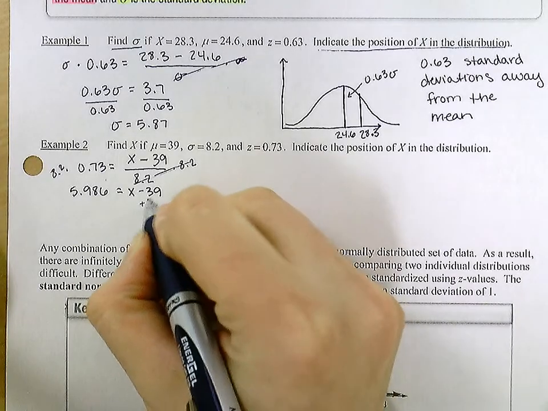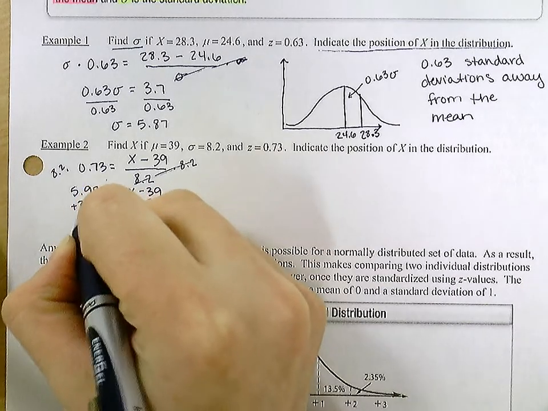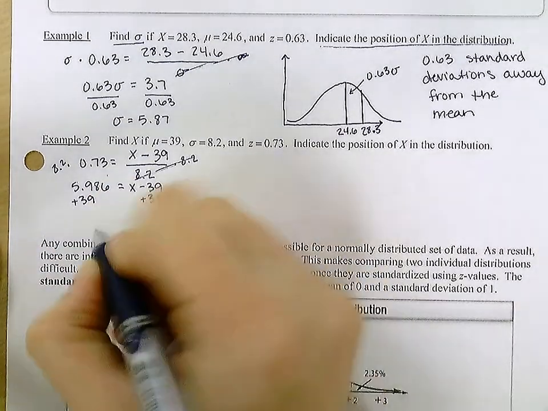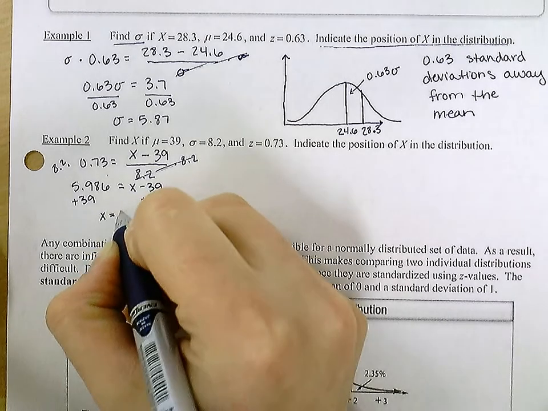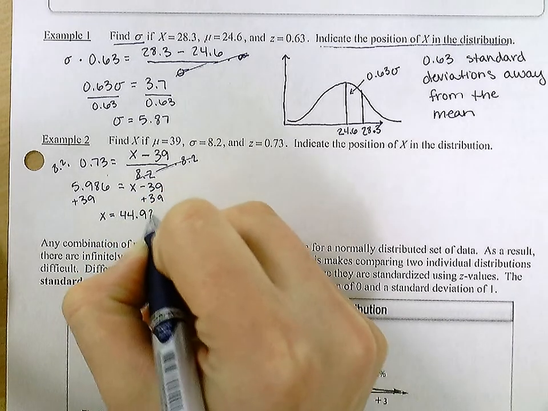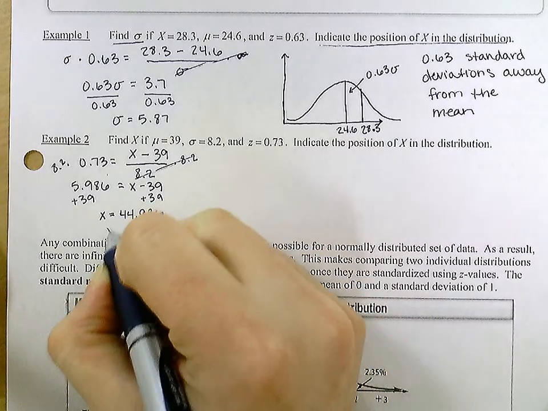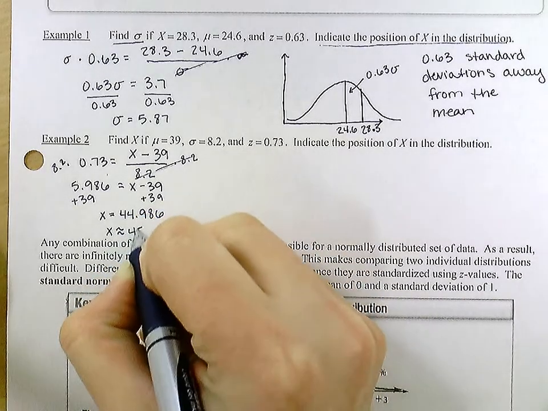Then I'm going to add 39 to both sides of my equation. If you don't want to keep it as 3 decimals, since it's really close to 45, you can just say x is about 45 instead.